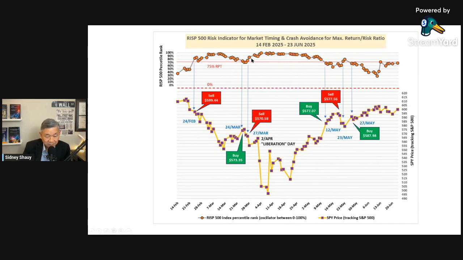If you're at a higher one, you're probably going to hold a little longer and leave the market a little later, but still in time to be out of the April 2nd Liberation Day crash that we had here. And then at this moment, it crosses that line again, so we bought back. So basically that helped us avoid the risk that happened during this time.